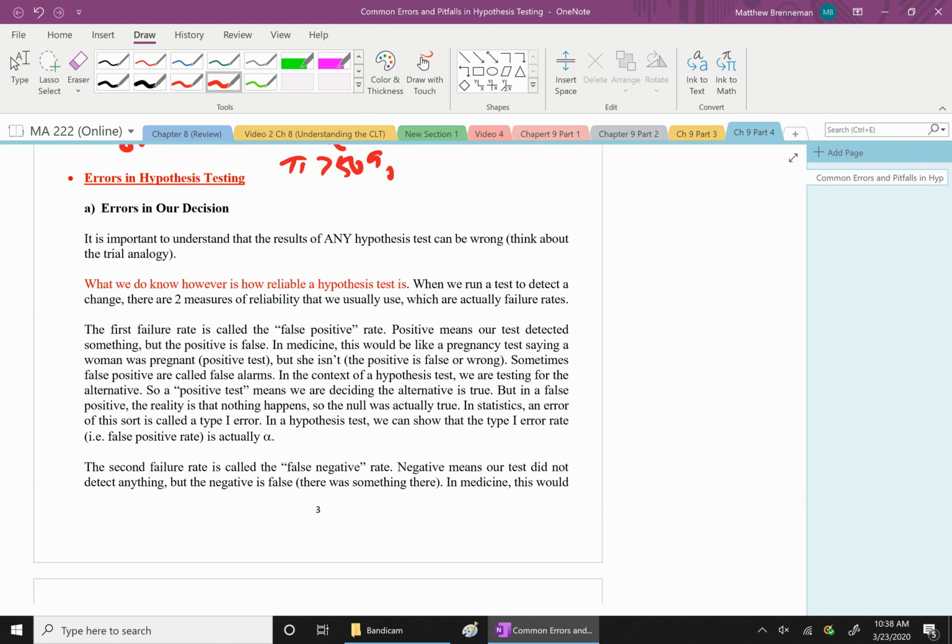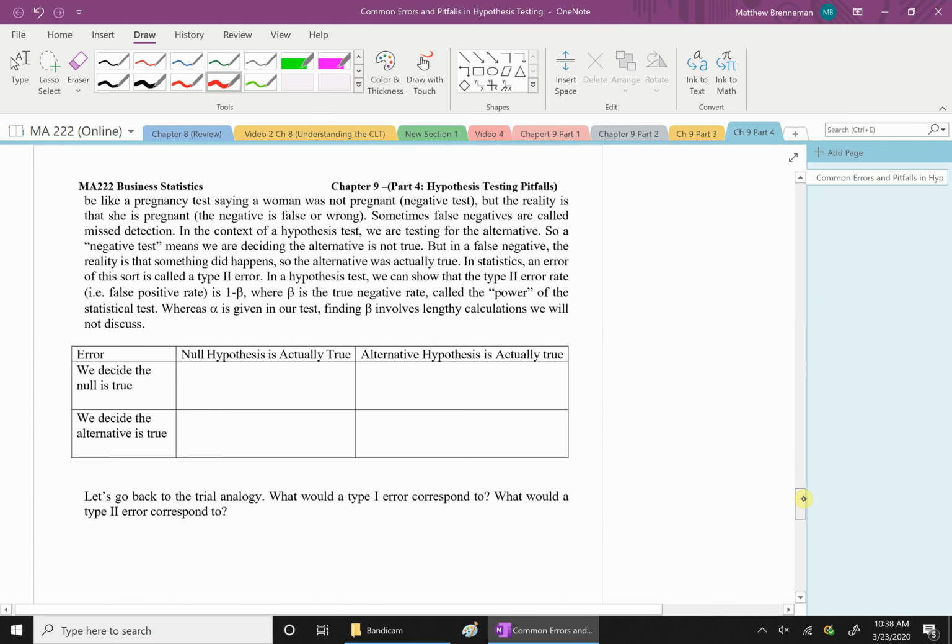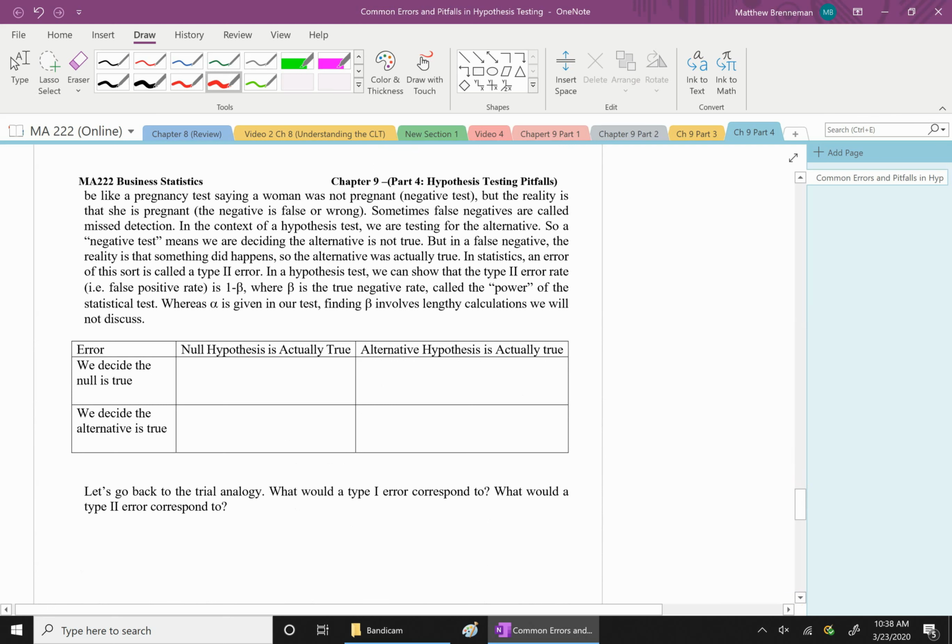So in other words, if you think about a little table, if you will, okay? Let's think about a little table here. So this is reality up here, and this is what we decide. Okay?